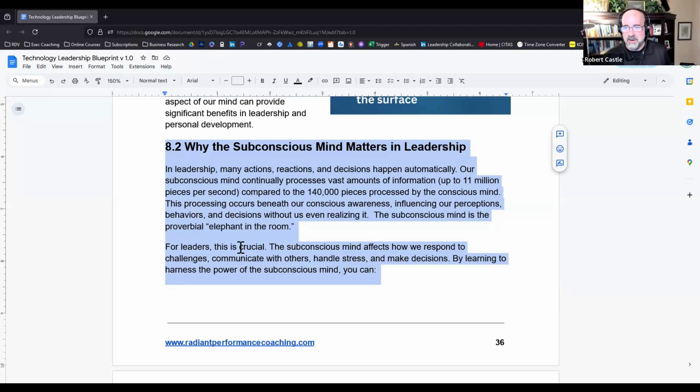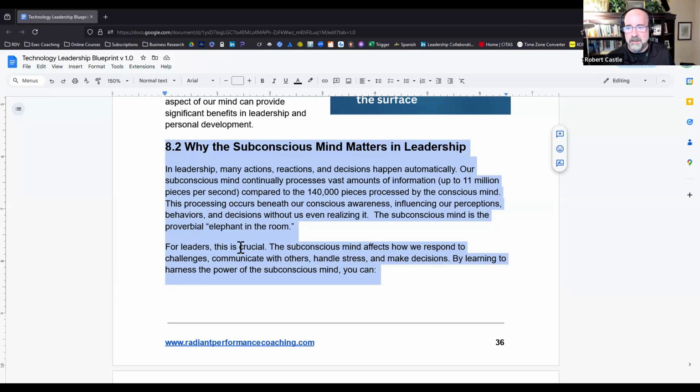This processing occurs beneath our conscious awareness, influencing our perceptions and behaviors and decisions without us even realizing it. The subconscious mind is the proverbial elephant in the room.